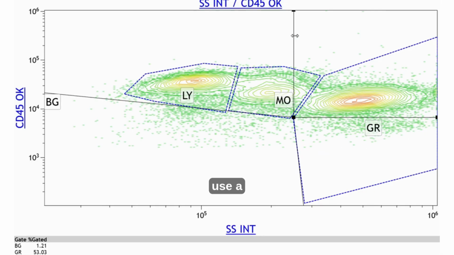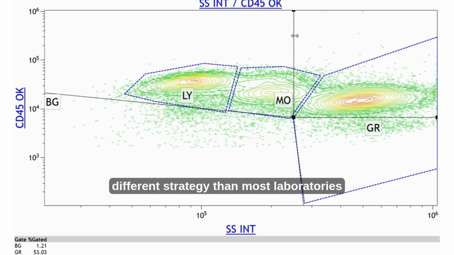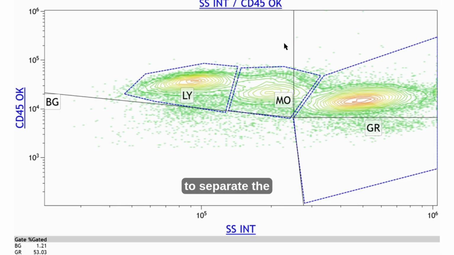We use a different strategy than most laboratories to separate the blast gate or CD45 dim. Under this analysis, we can see that there are a few events in the blast gate, just 1% or something. Granulocytes are like 53%, lymphocytes are 27%, and the monocytes are 7.4%.